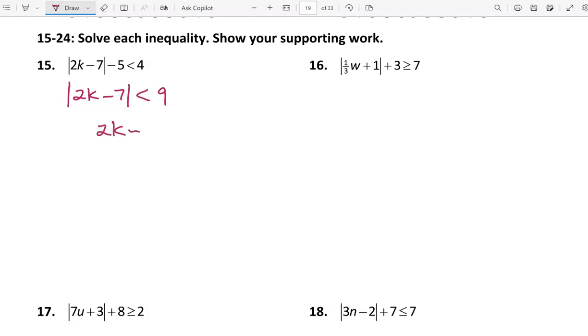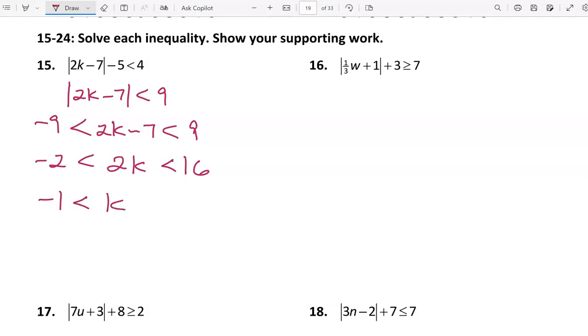We find numbers that are close to 0 on the number line, sandwiched in between -9 and +9. Add 7 to all three parts, and then divide by 2, and there's our solution set. K is somewhere in between -1 and 8.